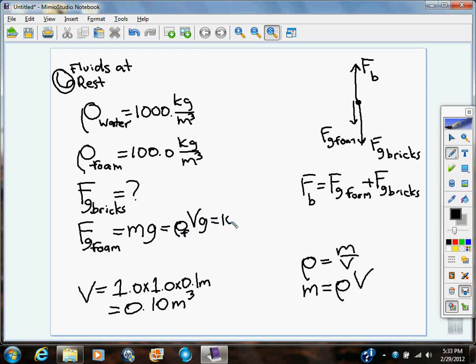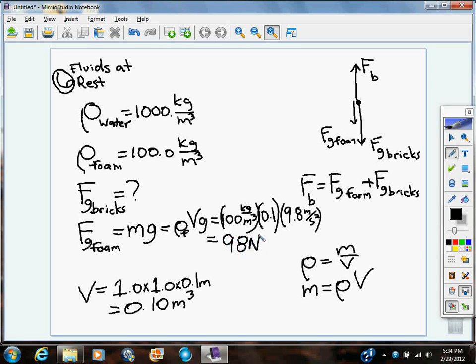So this is just going to be 100, and that's kilograms per meter cubed, times my volume, which is going to be 0.1, that's meters cubed, times gravity, which is 9.8 meters per second squared. And that gives me 100 times 0.1 is 10. This would give me 98 newtons.